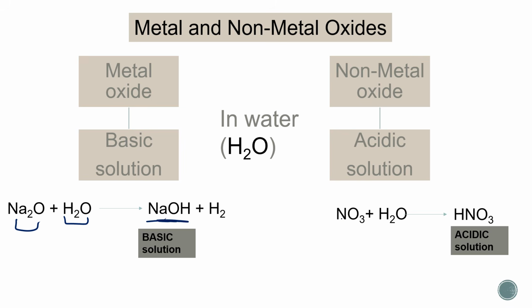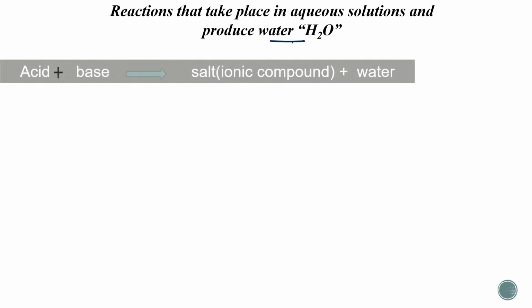And if we have non-metal oxide and water, it will give me an acidic solution. Okay, so I'm showing you this just for your general understanding. Tamam? But the most important part is this: reactions that take place in aqueous solutions and produce water.